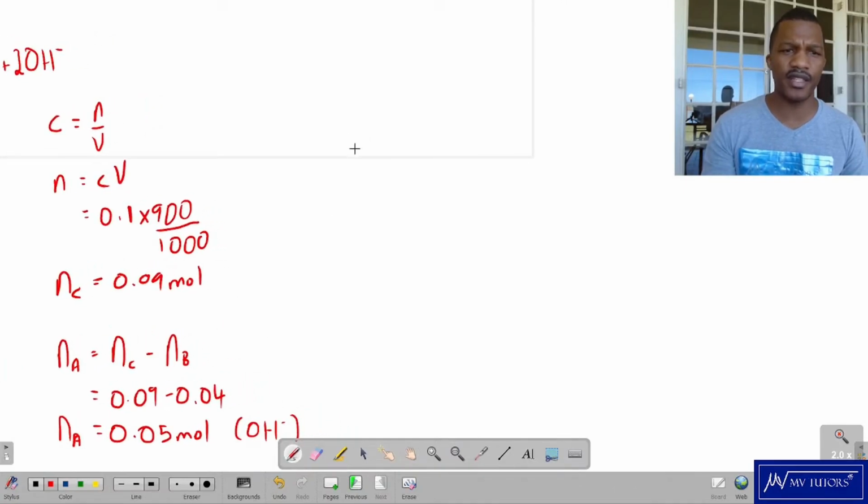So we are saying that we want barium hydroxide, which is 2 OH ions. Okay, so here we are saying the ratio is 1:2, and if the ratio is 1:2, we just solved that this one is 0.05.